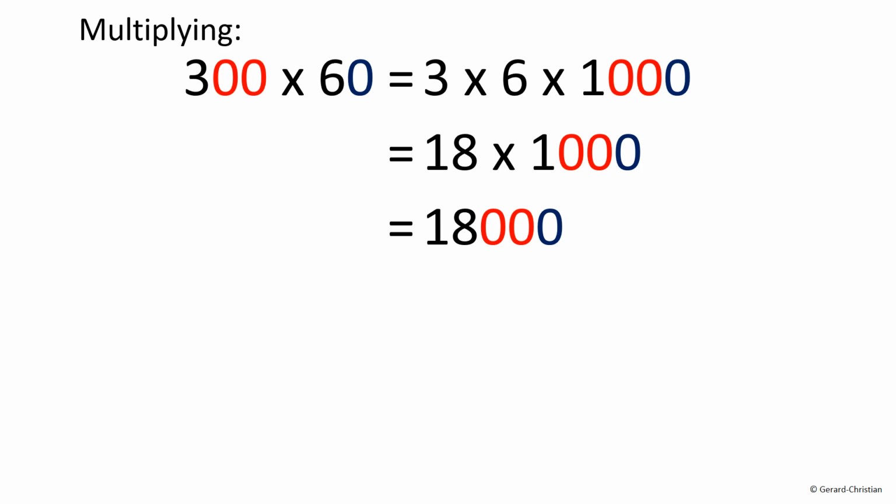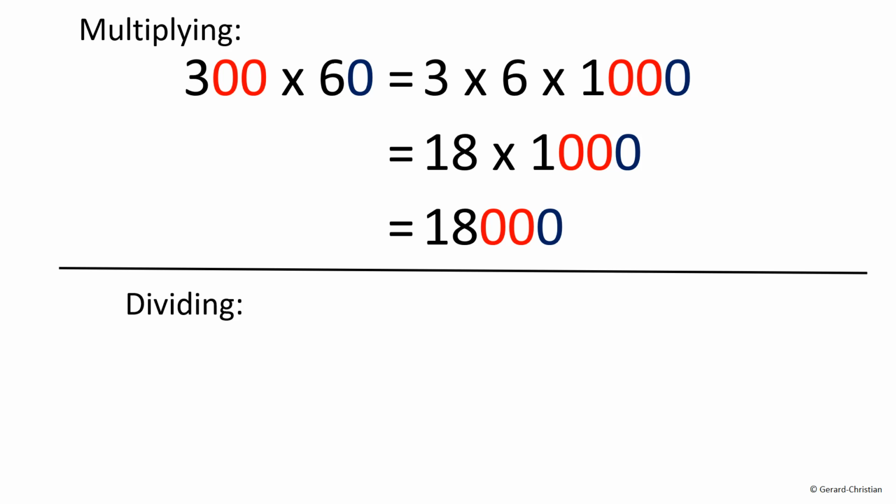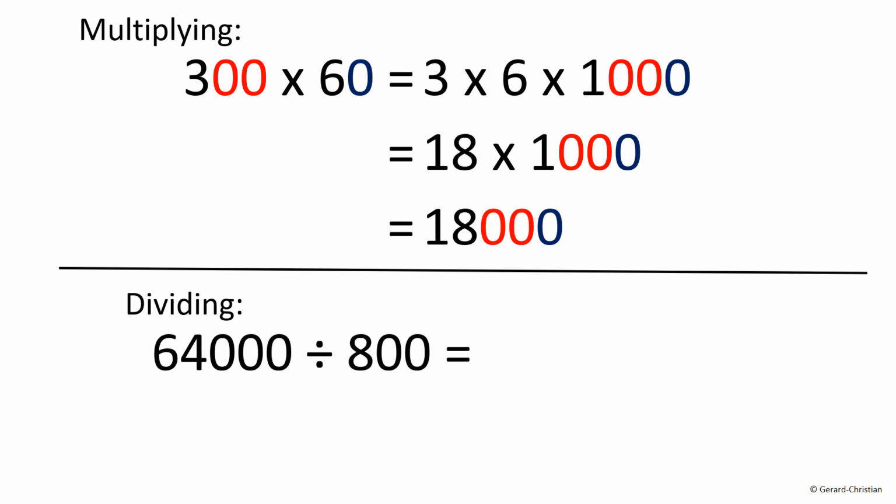Now when you're dividing, what you need to do is cancel the zeros systematically. Always cancel one zero from the left and one zero from the right. So look at this, 64,000 divided by 800. You're going to cancel off one of the zeros first, then you cancel off another zero. And when you have no more zeros left to cancel, that's when you start doing your long division.